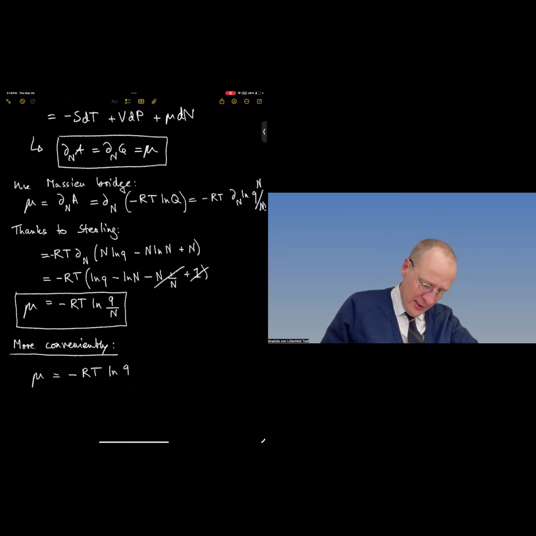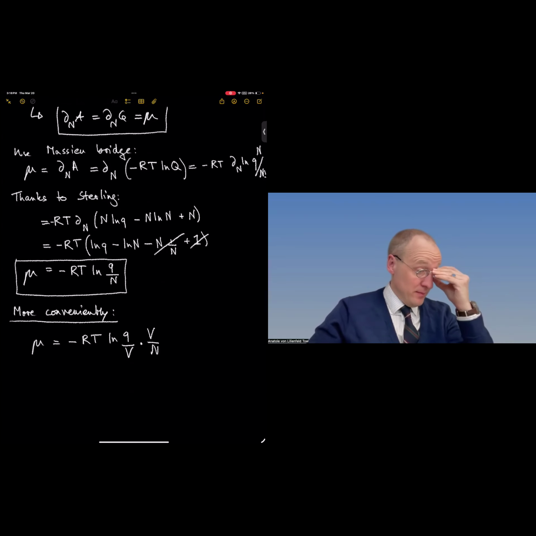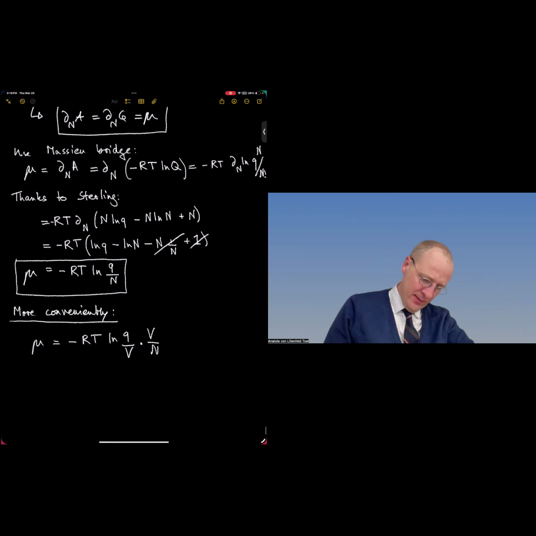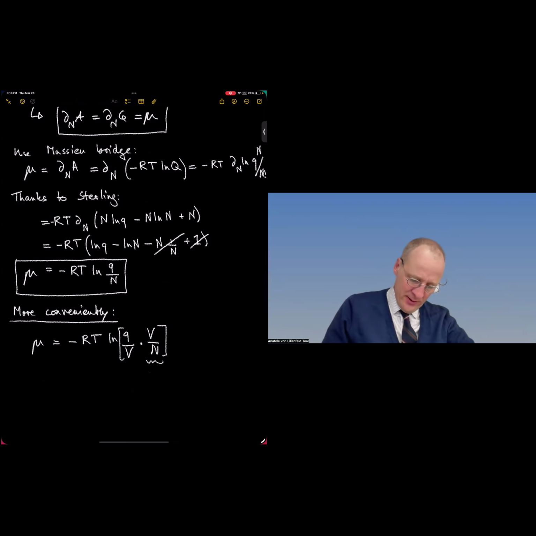And now I write Q divided by the volume times volume over N. And that second fraction using ideal gas law is also kBT over pressure.